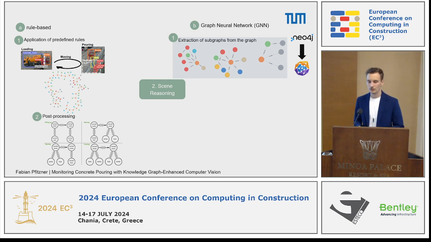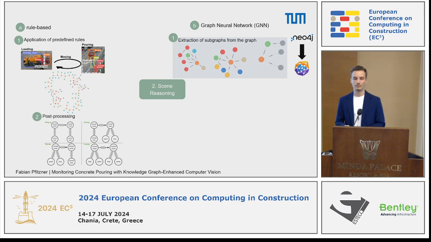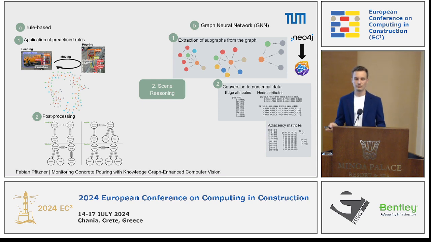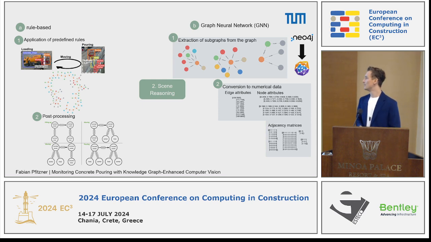And to give this data to a graph neural network, we need to represent this data, of course, into numerical data, having edge attributes, node attributes, and adjacency matrices. So edge attributes like the relationships between the objects. Node attributes can be something like the position or size of an object, and the adjacency matrix is representing the connectivity of the graph, like the shape of the graph.